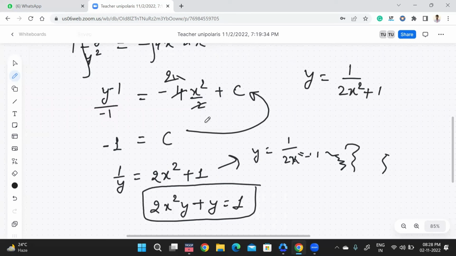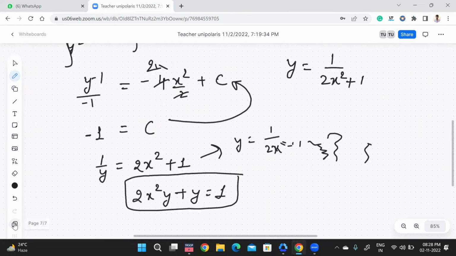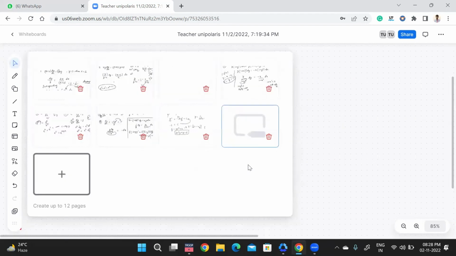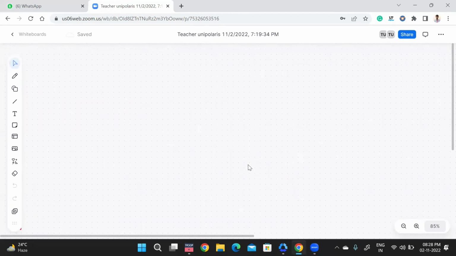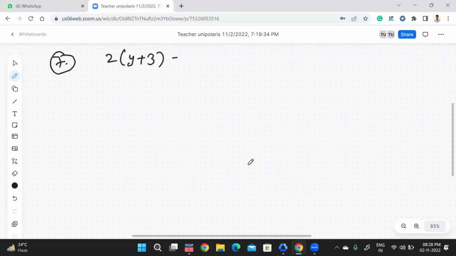Let's cover the last question also quickly. We have the seventh one. So 2 times y plus 3 minus xy dy over dx equals 0, and the given condition is that y at 1 is 2.